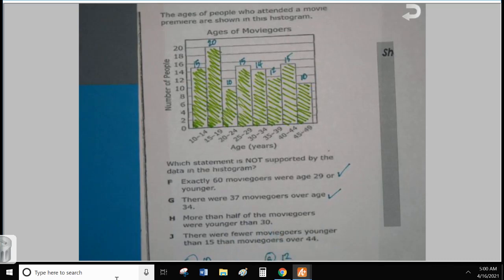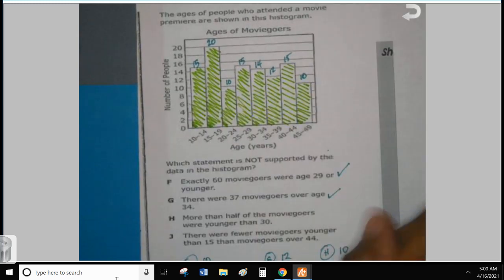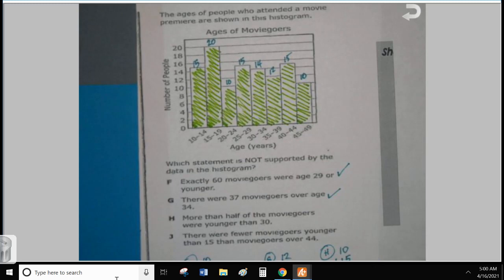More than half of the moviegoers were younger than 30. So again, for H, I need to know what's the total number of moviegoers. So I'm going to have to add up all the moviegoers to know what half is. I'm just going to go backwards, 10 and 15. Then I add 12. Then I add 14.